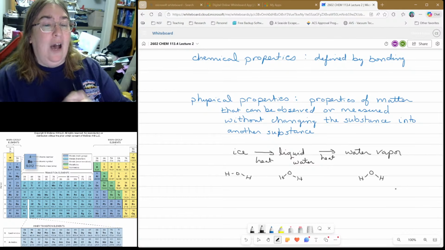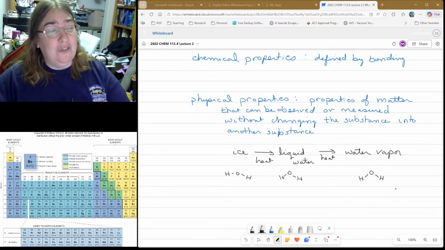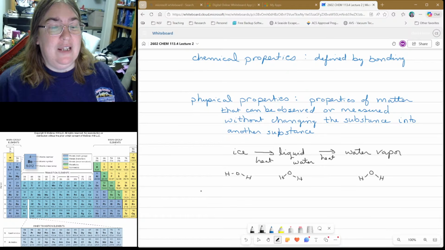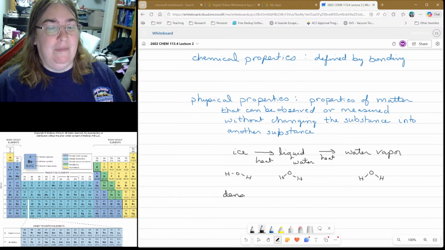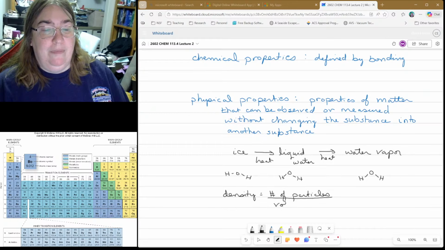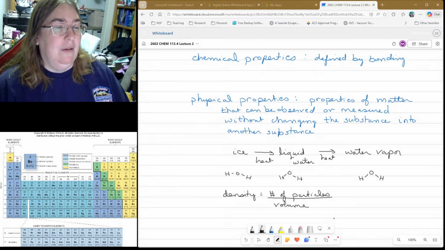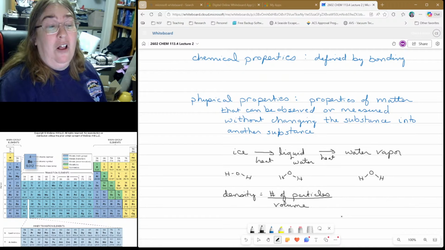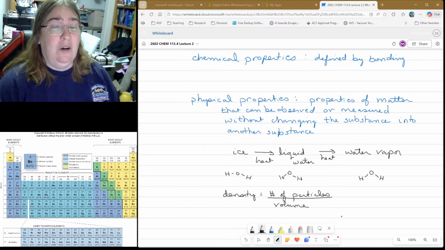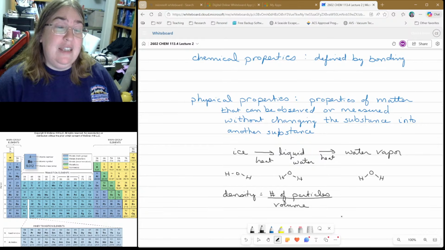What's different is how close that is to others of its kind. So what's different here is something called the density. And density is, from a fundamental definition, the number of particles per volume. Ice, water, and water vapor are all H2O. Ice, liquid water, water vapor, it's all H2O. The difference is the density.